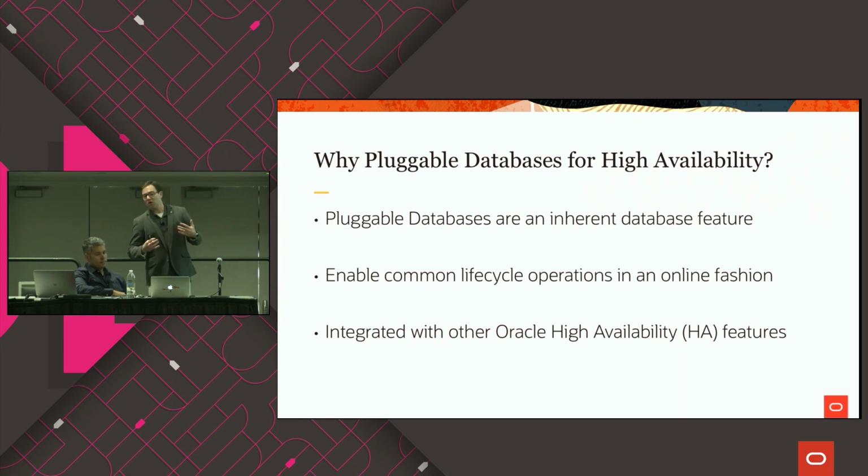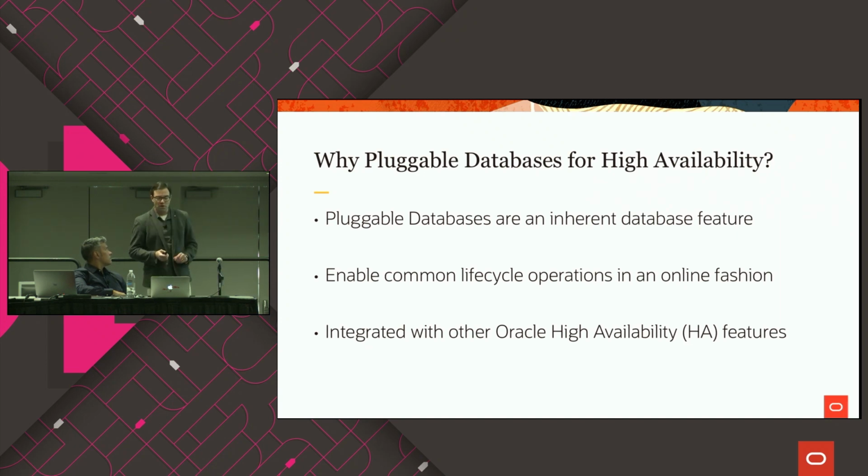So one way or another, you may want to look into Pluggable databases, and as you have to or want to do so anyway, it would be one way to look at them as a database high availability feature, because Pluggable databases enable quite a few common lifecycle operations in an online fashion.